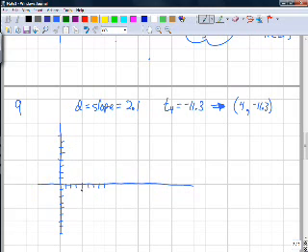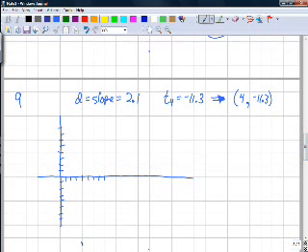Our slope is negative 2, so we're going to go over 1 and down 2. Over 1, down 2. Put a blob there. Go over 1 and down 2. Go over 1 and down 2. There's the way our graph should look. Okay.